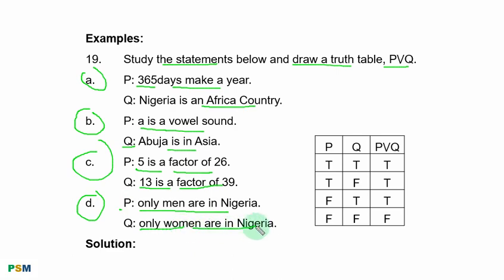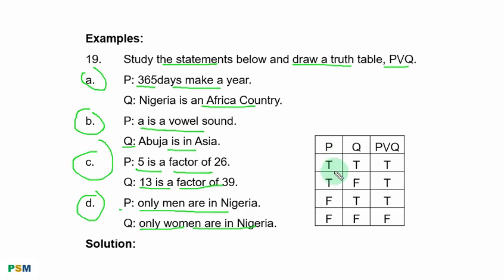Solution: you draw the truth table with statements P and Q. You arrange it in this form. For Q, you ascribe T, F, T, F. That is 1 to 1. For P, it is 2 to 2.